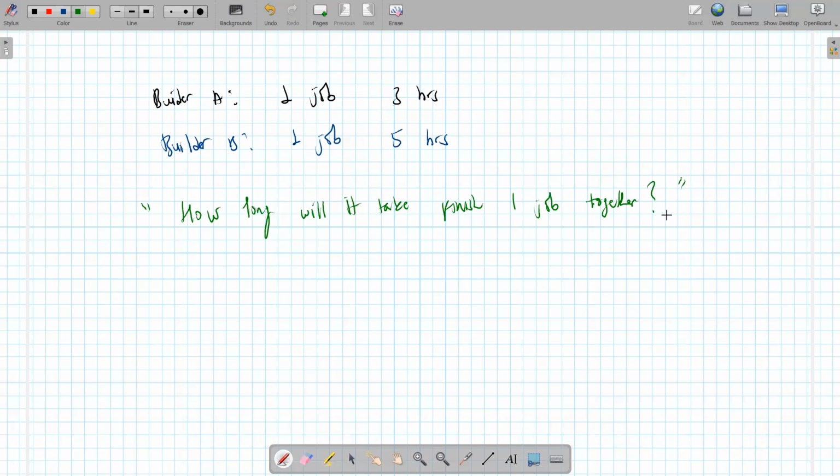How do you even approach a question like this? The approach is always going to be this. Bring it down to either 1 day, 1 hour, whatever the unit is. If builder A finishes one job in 3 hours, what fraction of a job does he finish in 1 hour?